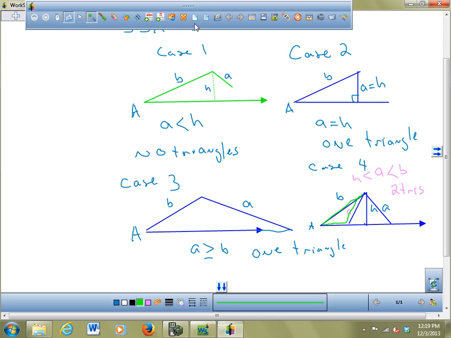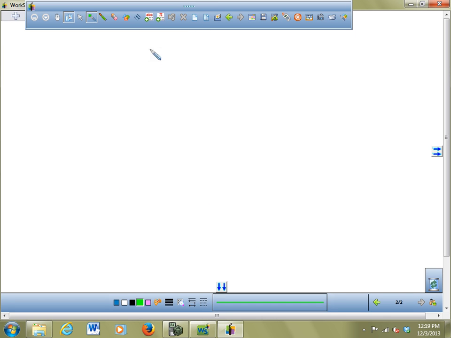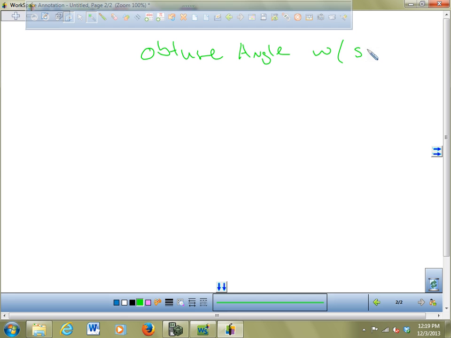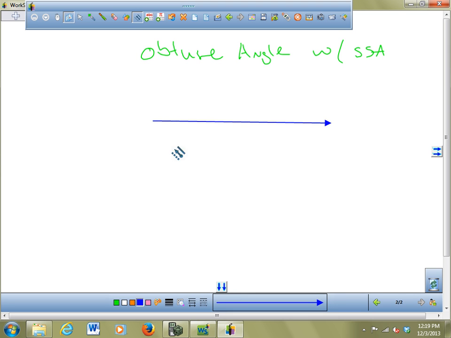If you're given an obtuse angle, it's a lot easier. Okay? Obtuse angle with side-side-angle. So say I'm given one side. Let's make it like this, and then another side going like this.